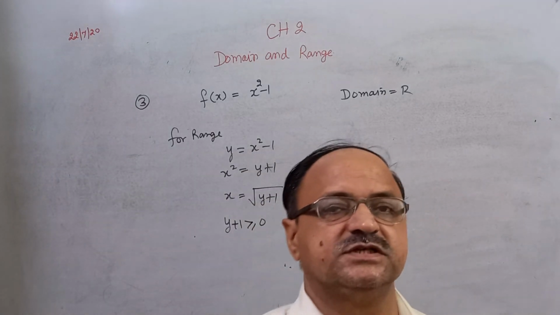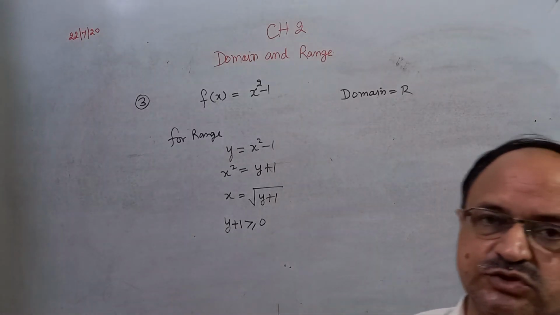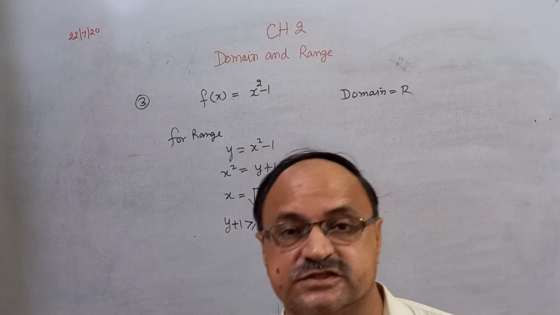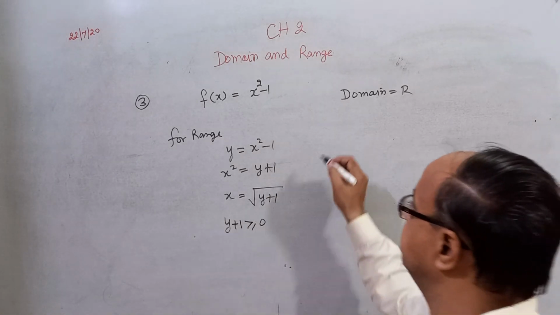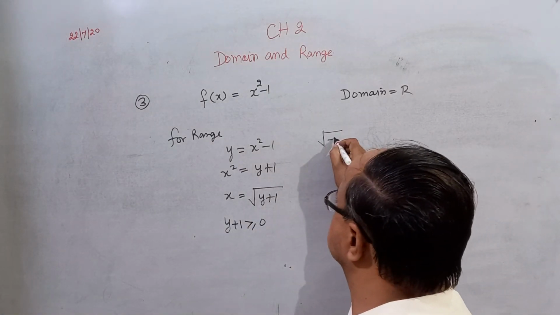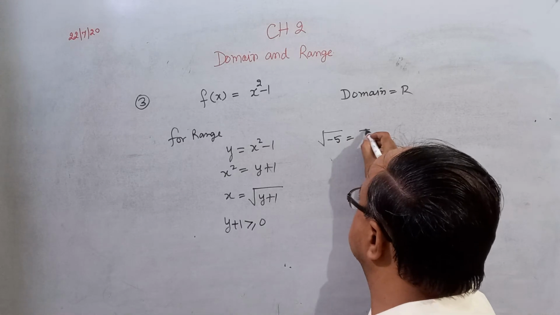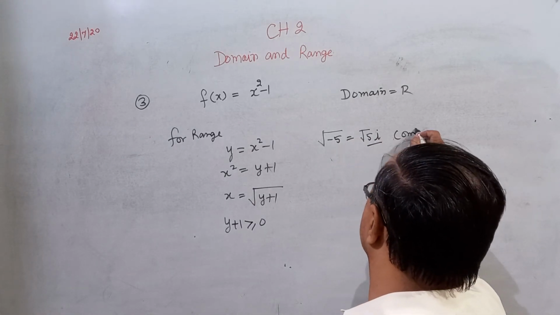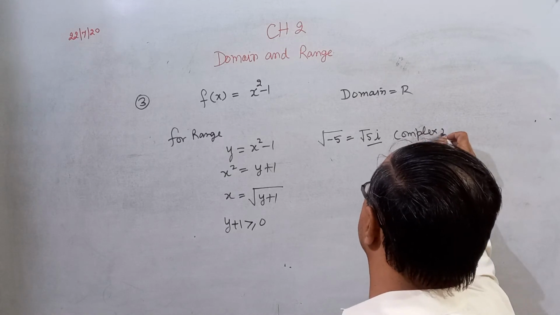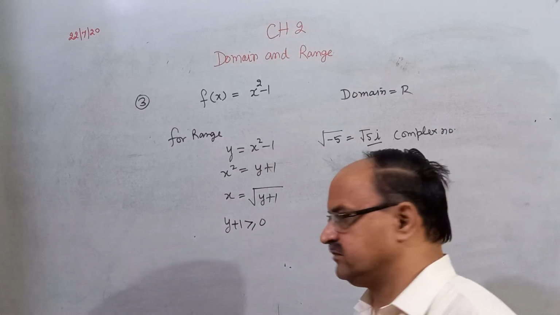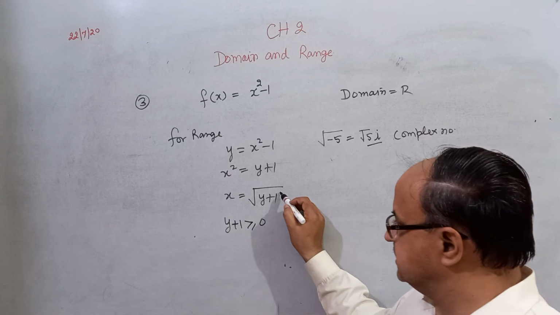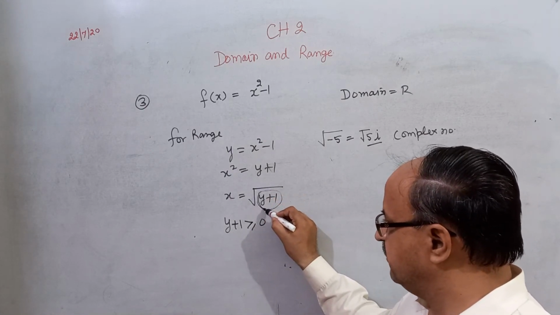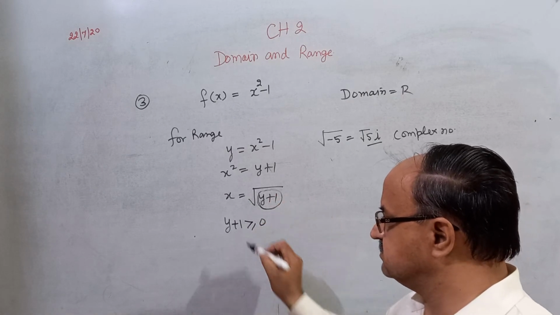The expression under the root is always non-negative for a real function, because if we take a negative value here, then it becomes a complex number, not real. So y plus 1 is always greater than or equal to 0.